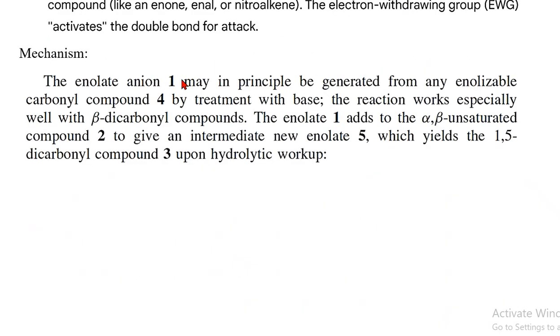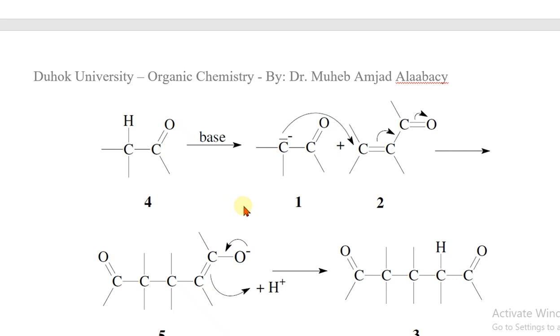For the mechanism, the enolate anion 1 may in principle be generated from any enolizable carbonyl compound by treatment with base. The reaction works especially with beta-dicarbonyl compounds. The enolate 1 will be added here. The first step must be the generation of the carbanion.